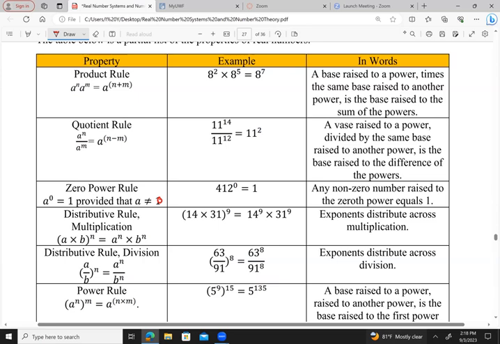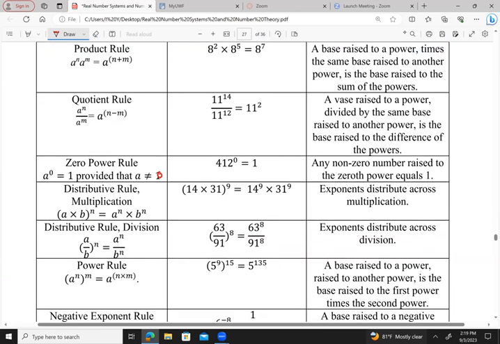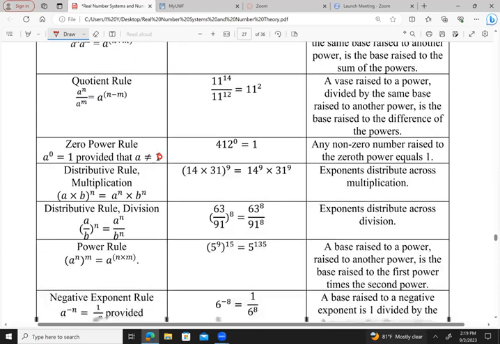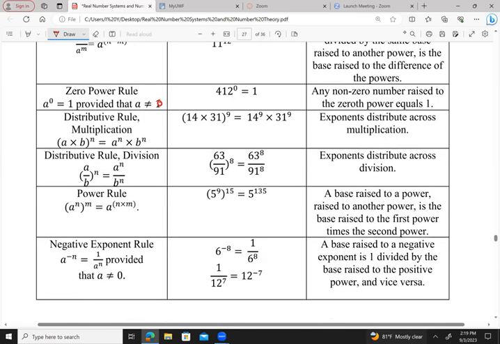Distributive rule: a times b to the n is a to the n times b to the n. And the distributive rule for division: a over b to the n is a to the n over b to the n. And the power rule: a to the n to the m is a to the n times m. And the negative exponent rule: a to the negative n equals 1 over a to the n, provided a does not equal 0.